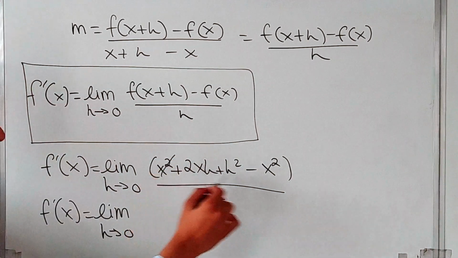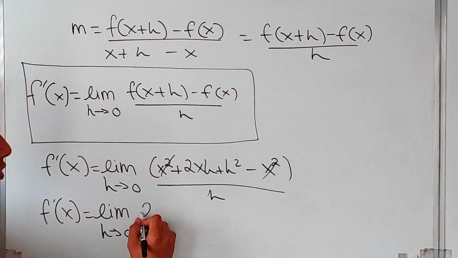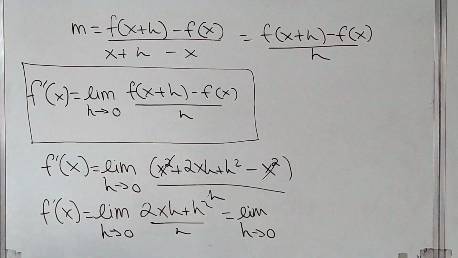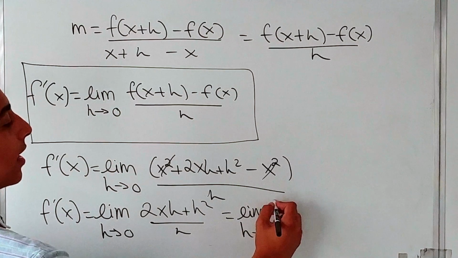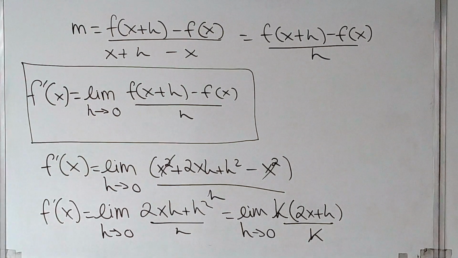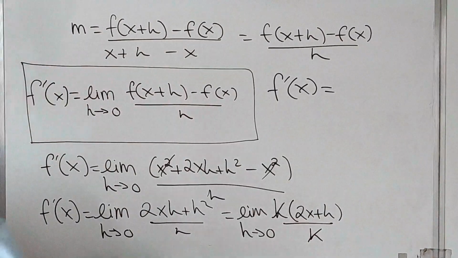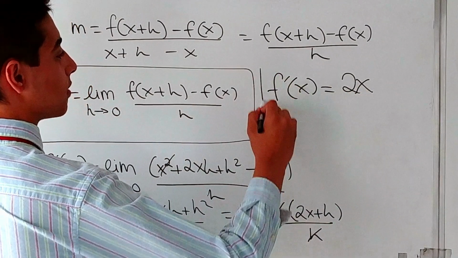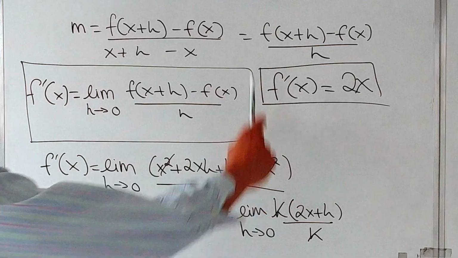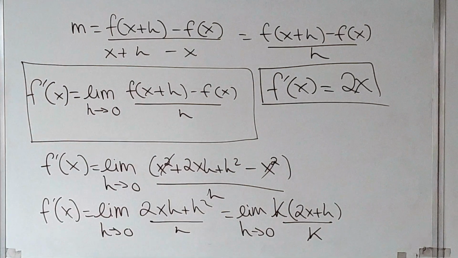So now these will cancel out and we can get 2xh plus h squared divided by h, which then once again we can factor out h to get, cancel the h's, and ladies and gentlemen, we have found the derivative of the graph f of x equals x squared to be, when h is 0, 2x. That means when x equals 1, all you have to do is plug it into the derivative and we get the slope of the graph.